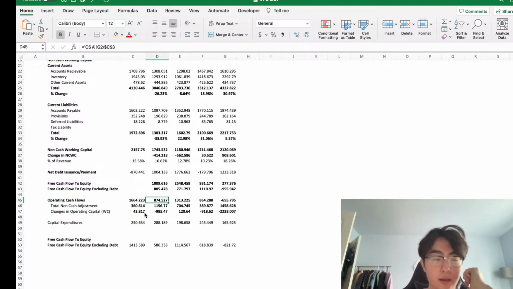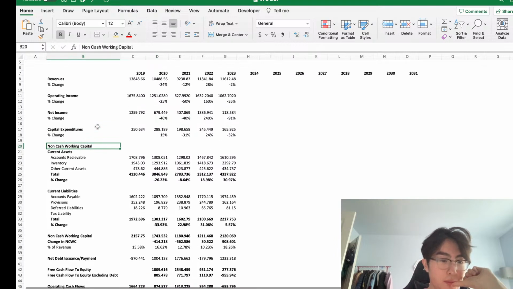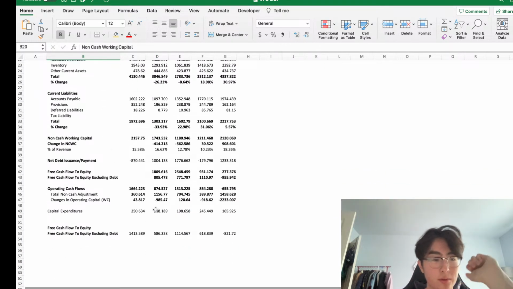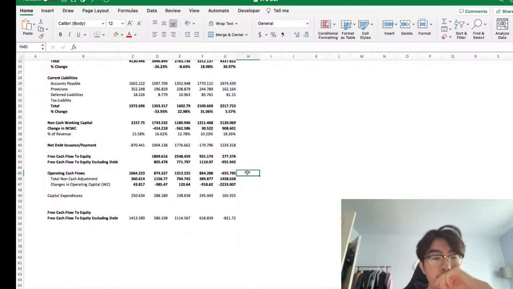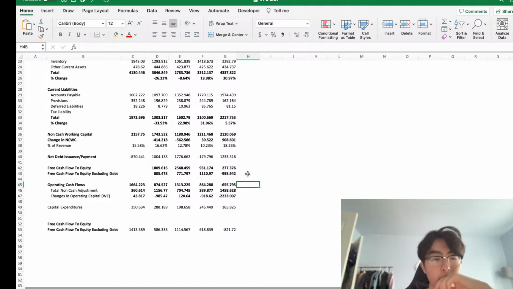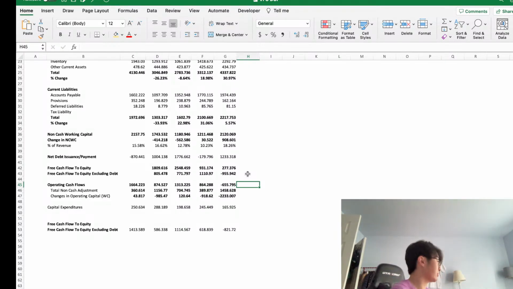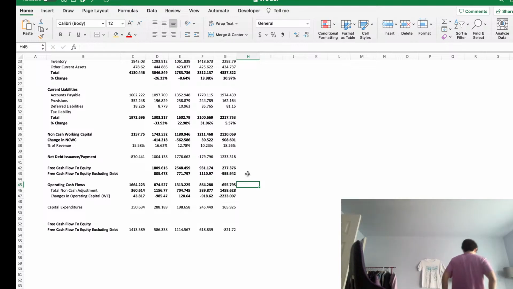So this is the more, I would say, book or accounting correct way to look at things when we're looking at the cash flow statement. And then this could be maybe improved a little bit. So yeah, that's a good recap of what's going on here.